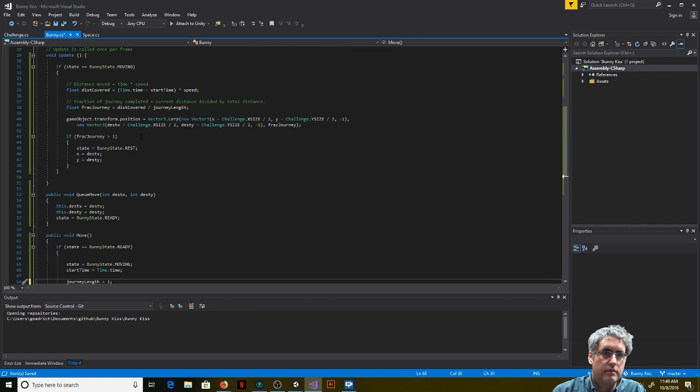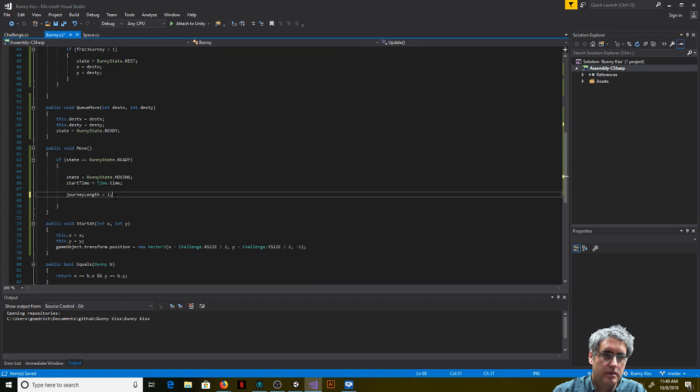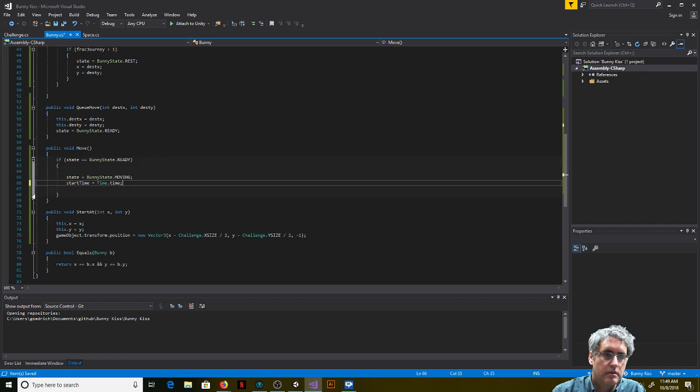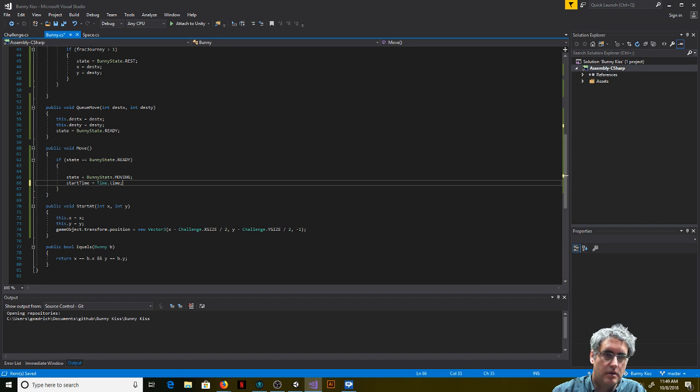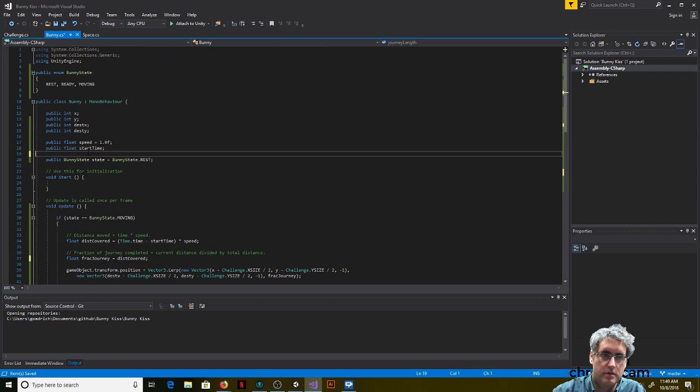Well then, if it is, then it's just distance covered, right? We don't really need to calculate journey length at all, because we're always going to do what we want. No journey length.